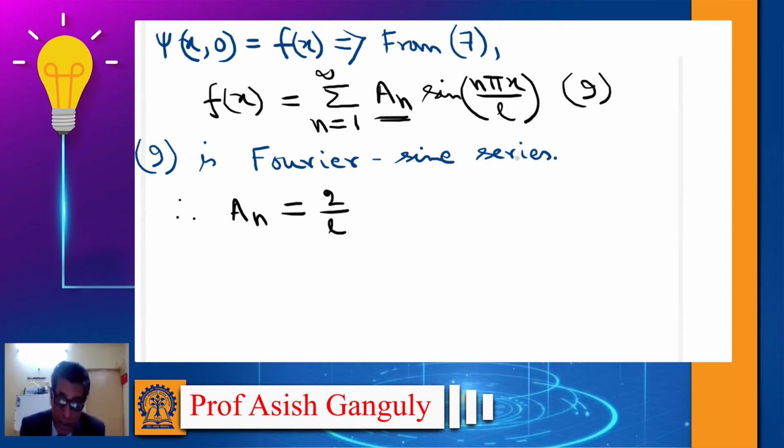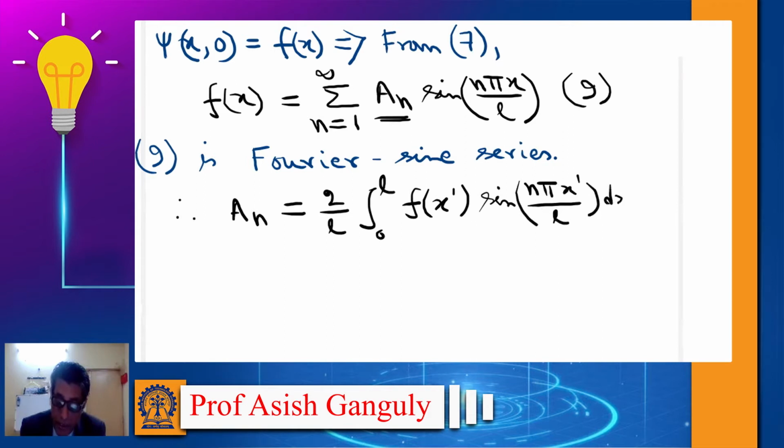So you will have 2 by L, integral 0 to L, f(x') sine(n pi x' by L) dx', where n ranges over 1, 2, 3, and so on. This is equation 10.